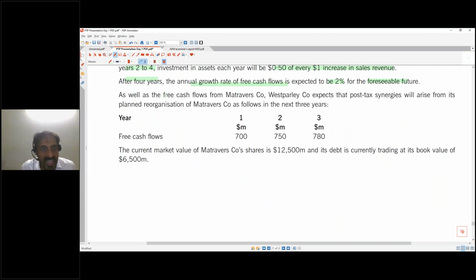As well as the free cash flow from Matt Travers company, West Parley expects post-tax energy. Post-tax energy will arise from the planned reorganization. That is about the synergy. The current market value of Matt Travers company shares is 12.5 million and debt is trading at a book value of 6,500.